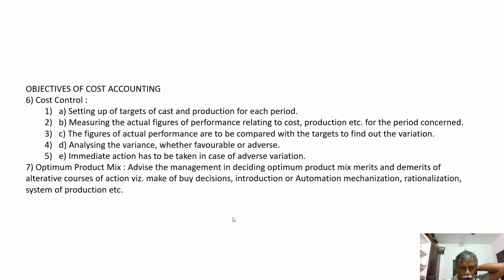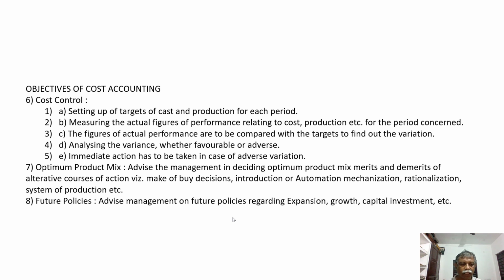Clear? Then optimum product mix. What is product mix? Product mix means suppose 5 products are produced, whether these 5 products should continue or only 4 products should be there, or any new products can come in. Such decisions. So you will help the management to take such decisions. Future policies. This will help them to decide whether we should expand our business, should we invest capital, etc.